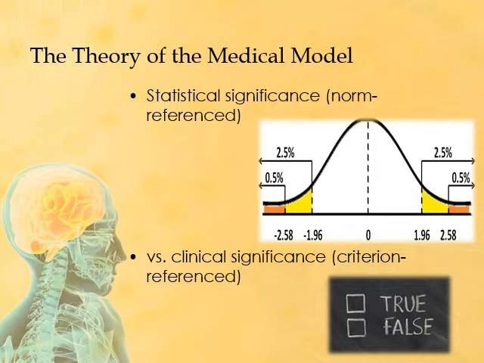I'll add, just before I get into the statistical versus clinical significance, that in terms of impairment in functioning, it's also very important to be aware that a lot of diagnoses in the DSM require symptoms to occur in multiple settings in order for the diagnosis to be made. For example, if you are someone who is being evaluated for ADHD, you have to display symptoms not only at school, but also at home and in the community.